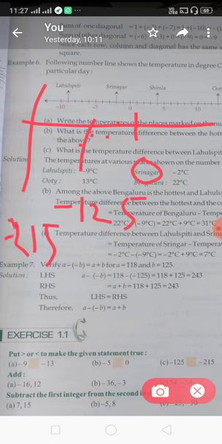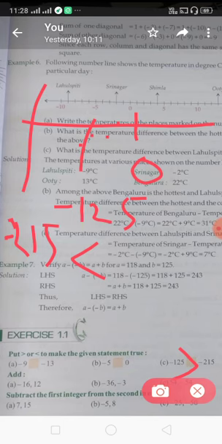If minus 215 comes here, you see this minus 215 lies on the left side, so it is smaller. So you put the arrowhead sign on the minus 215 side.